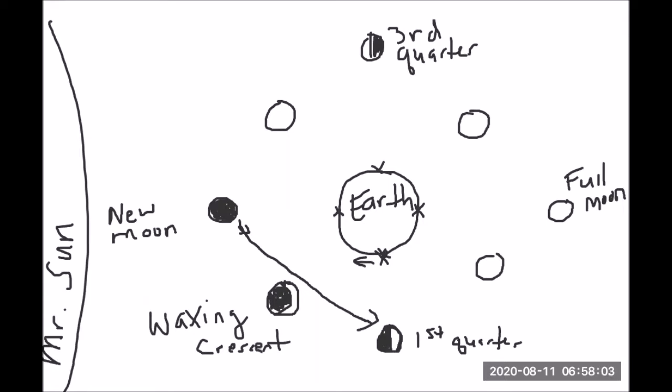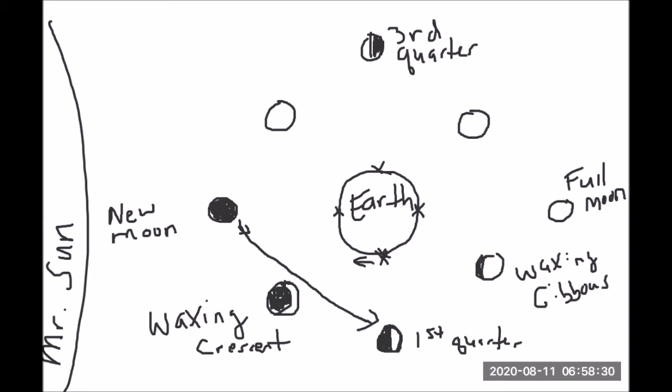S-C-E-N-T. Sorry, it is hard for me to write on these whiteboards. All right. After first quarter, we continue more and more and more and more and more gets lit up. And we're over half, so we're still waxing. But we call it a gibbous because more than half's lit up.